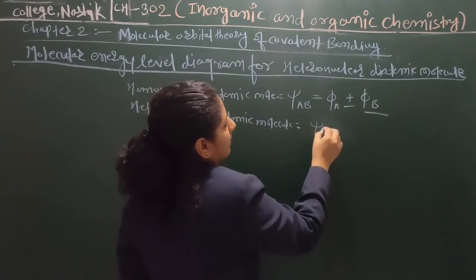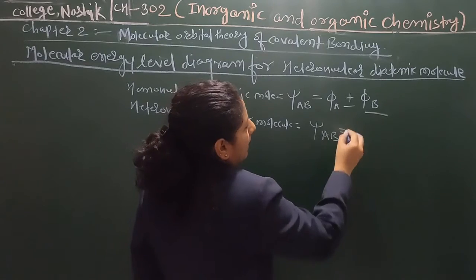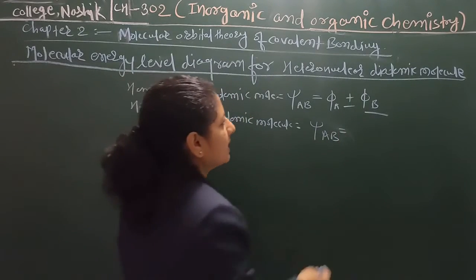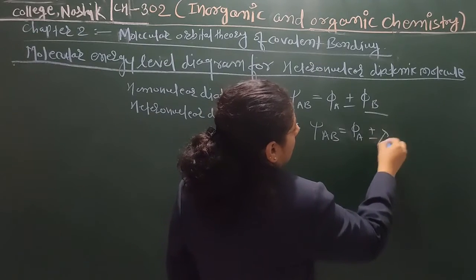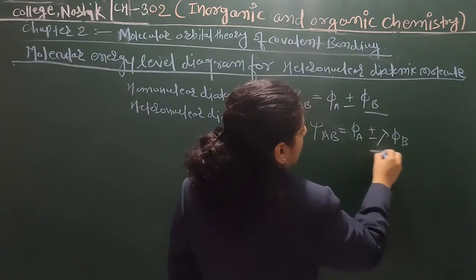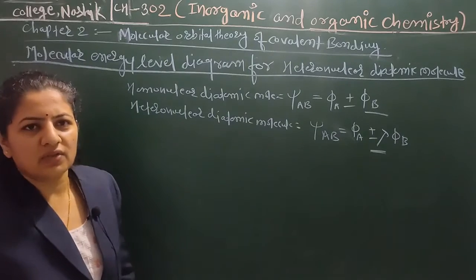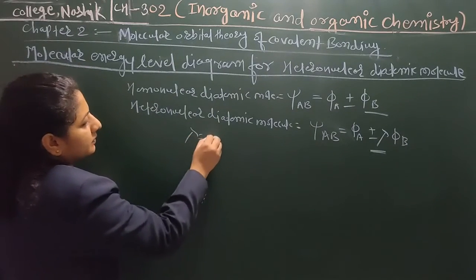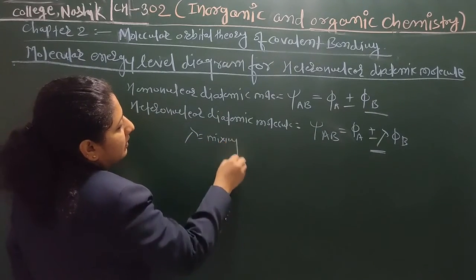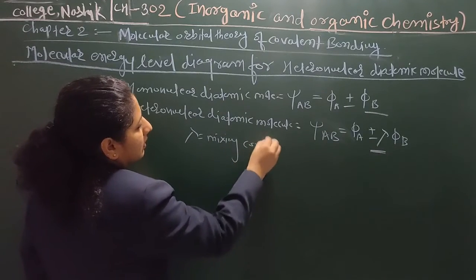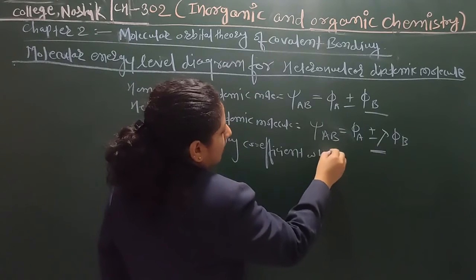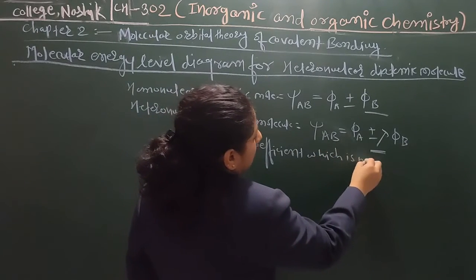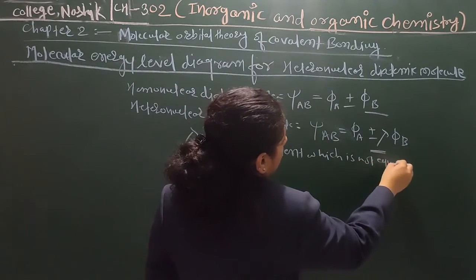Likewise for a heteronuclear diatomic molecule, the wave function of AB is equal to phi A plus lambda phi B, where lambda is a mixing coefficient which is not equal to 1.